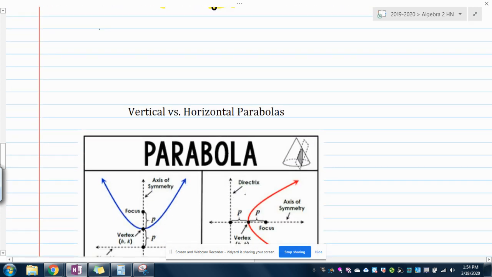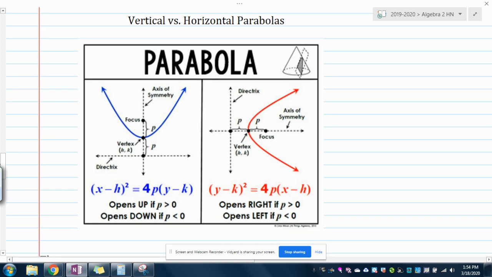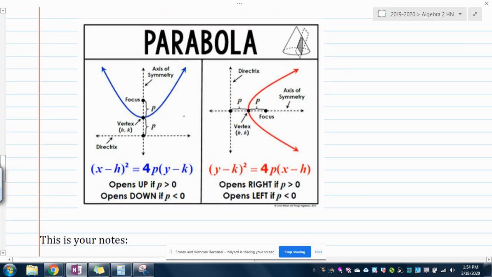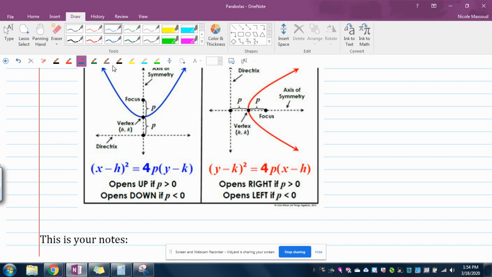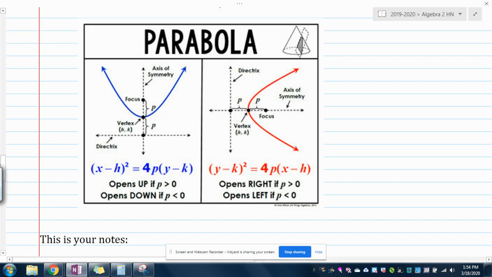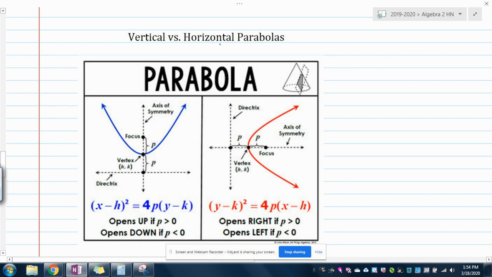So let's talk about vertical versus horizontal parabolas. Here, let's go with green. Here we have a vertical parabola, right? Vertical meaning it opens up or it will open down.